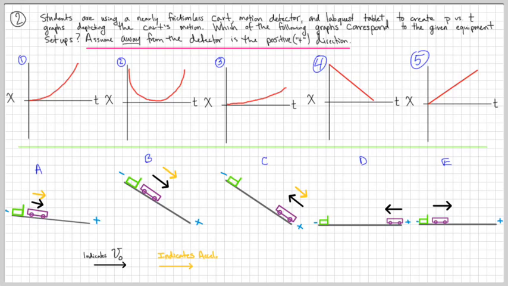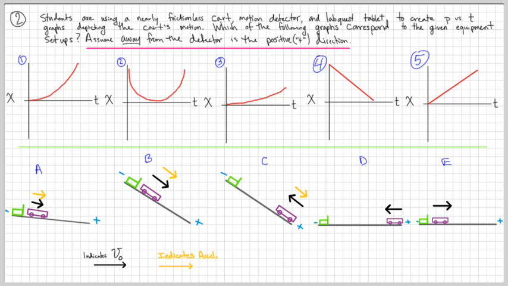Since the slope is the velocity, and that slope is changing, the velocity is changing. And if the velocity is changing, I have a non-zero acceleration. So graphs 1, 2, and 3 indicate some non-zero acceleration.